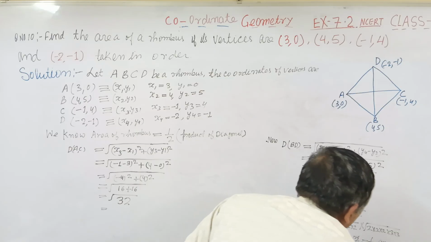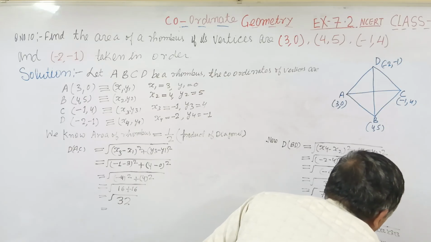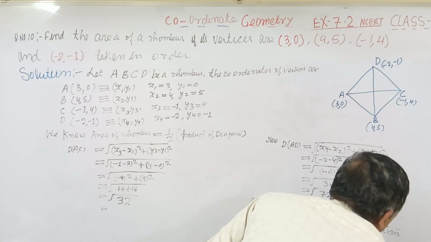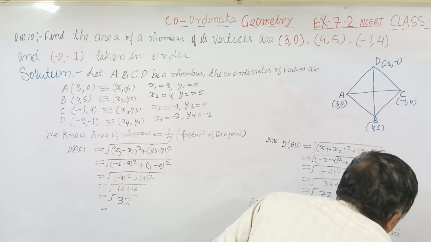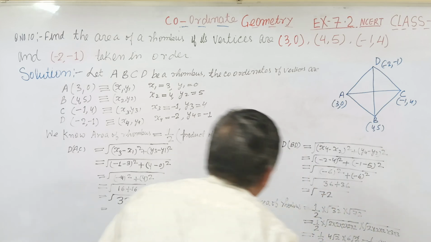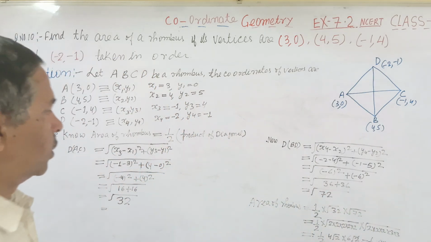The 2 cancels, and it comes out to be 24 units.